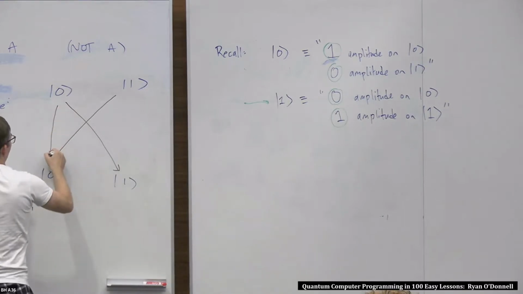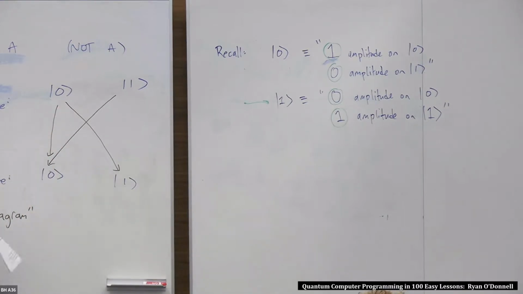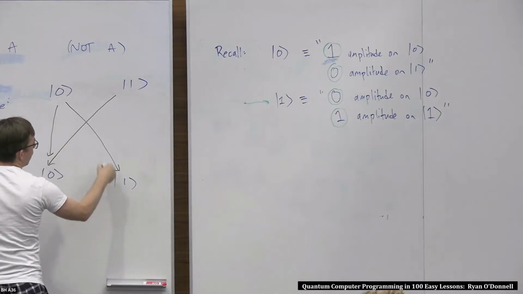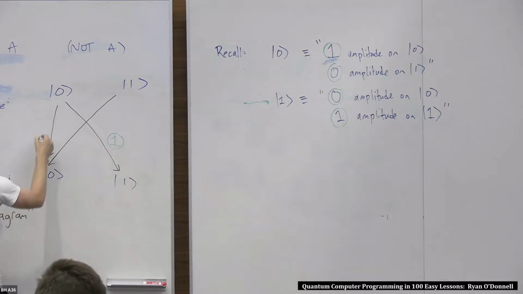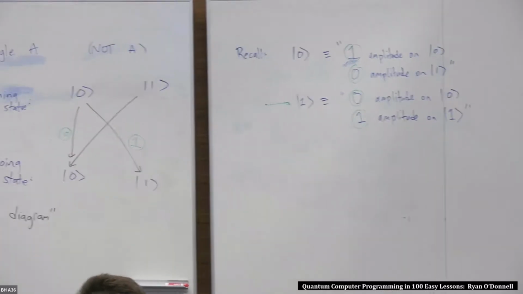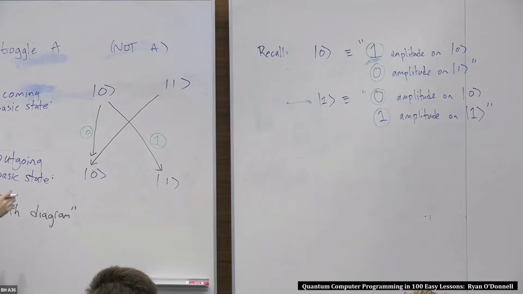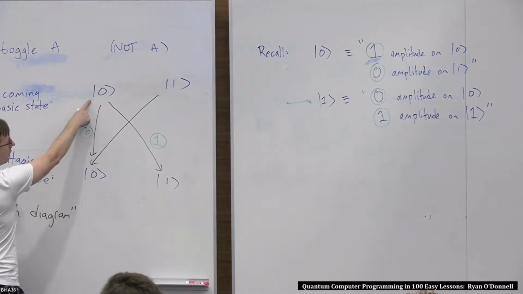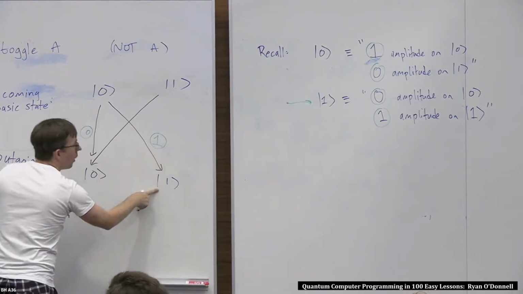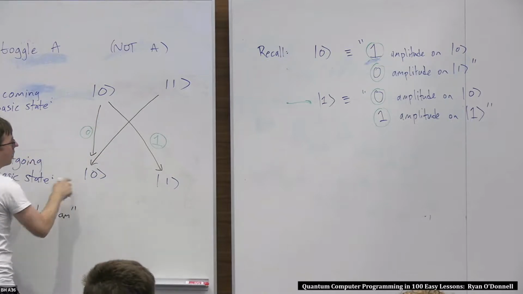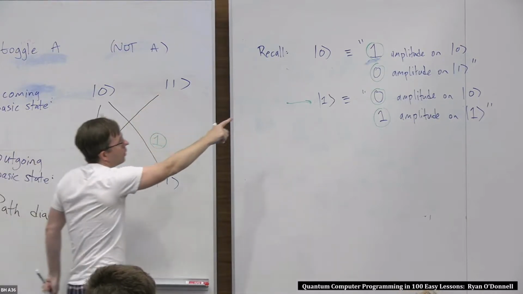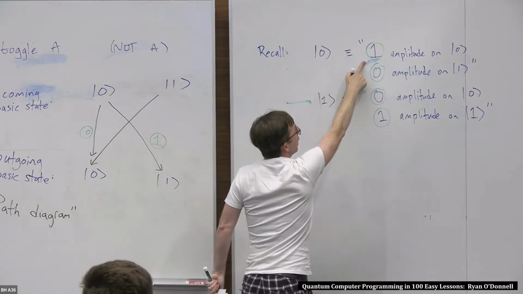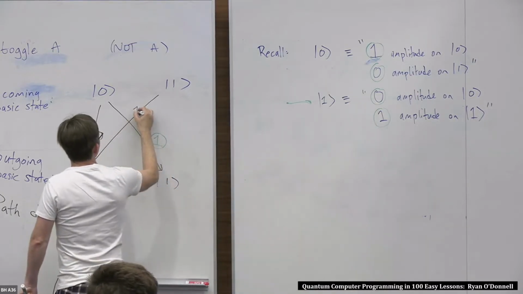If you're at 0, then you go to 1 with amplitude 1, and you go to 0 with amplitude 0. Now this is again confusing because there's lots of zeros and ones, but this is saying if you're at 0, you get amplitude 1 on 1, and you get amplitude 0 on 0. Okay? And similarly, if you start out at basic state 1, well, we know you go to basic state 0, and that's one amount of amplitude on 0, which I'll write here.